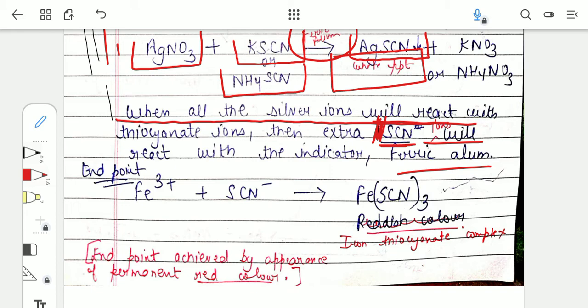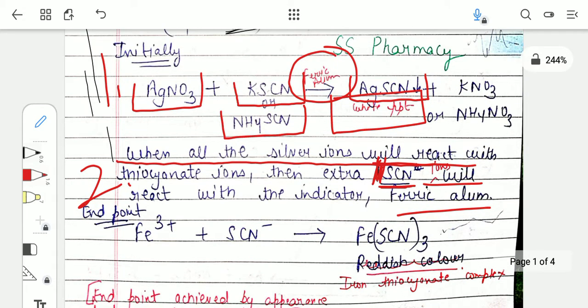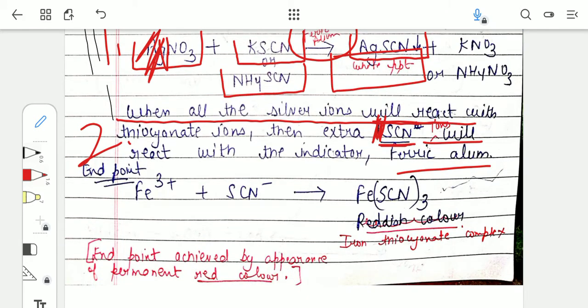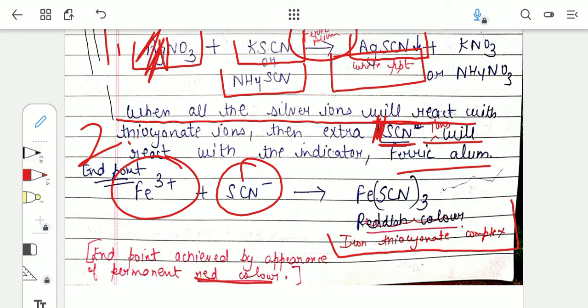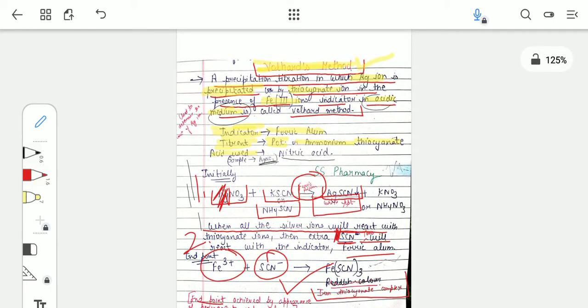In step 2, when all the silver ions have been consumed, the excess thiocyanate ions of our titrant will react with the indicator having ferric ions to form iron thiocyanate complex, which has a red color, and the appearance of this red color indicates our endpoint. This is the basic of Volhard's method.